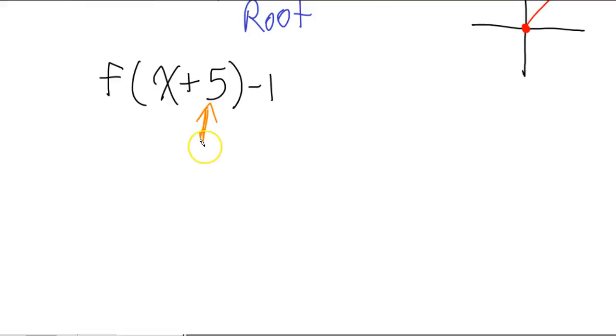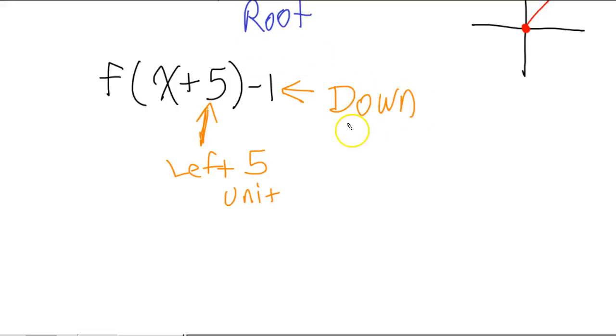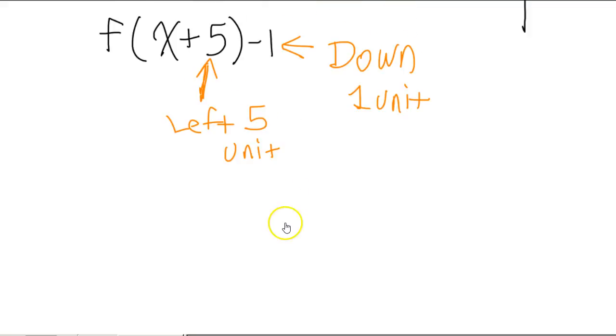This +5 is on the inside, which means that this is going to the left 5 units, and then this -1 right here means down 1 unit. And now I have enough to say what to do with my graph, the sketch of the graph.